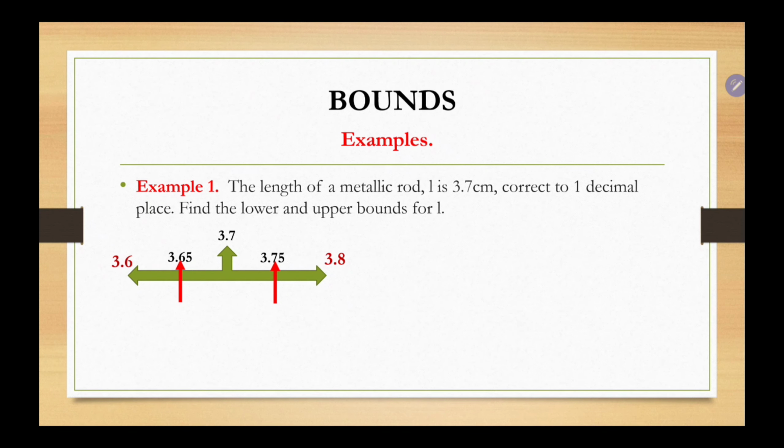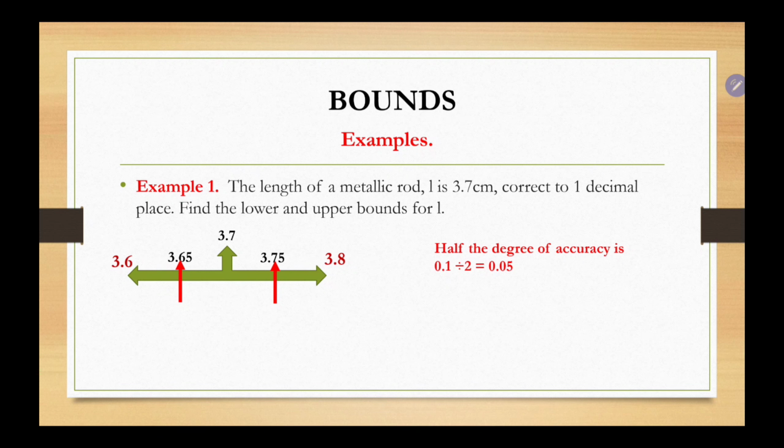Now let me explain this a little bit. Remember, I said the basic rule is to add half the degree of accuracy. The degree of accuracy in this case is 1 decimal place, which is equivalent to 1/10, so that's 0.1. If we divide that by 2, we're going to have 0.05.